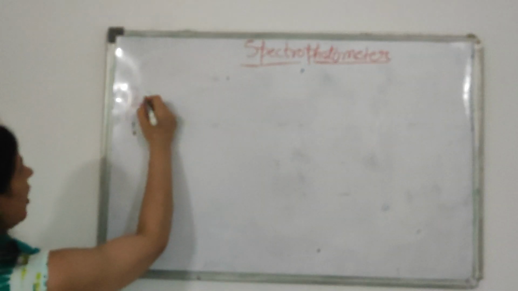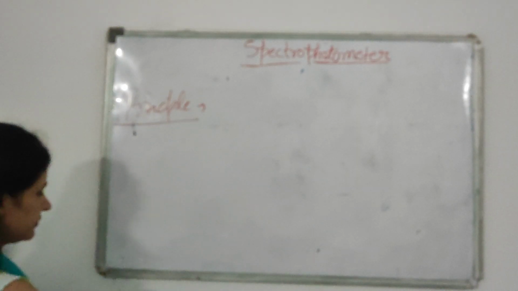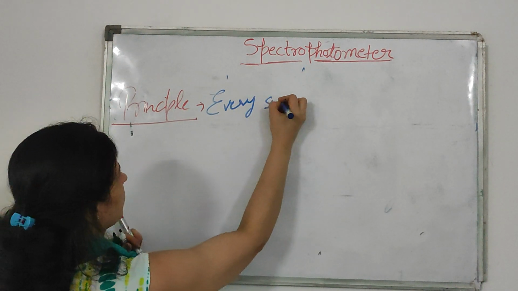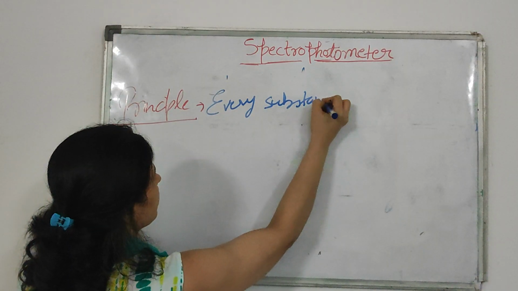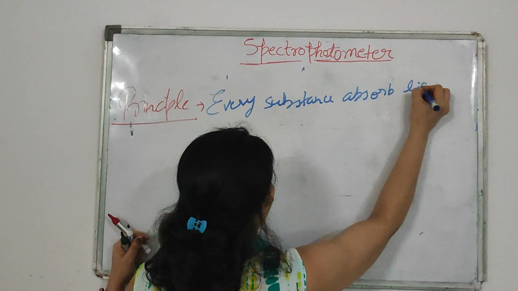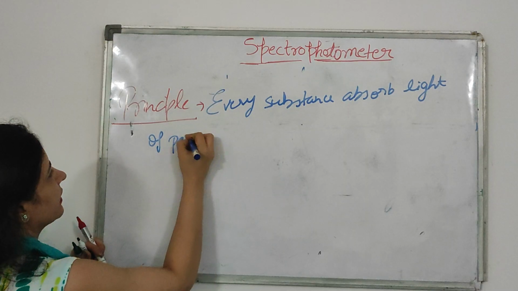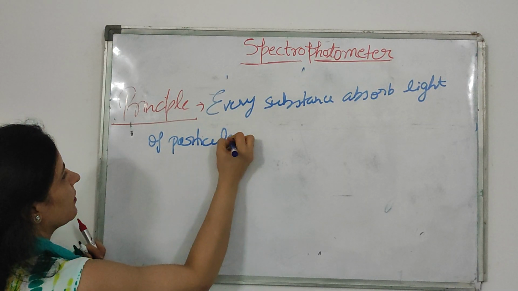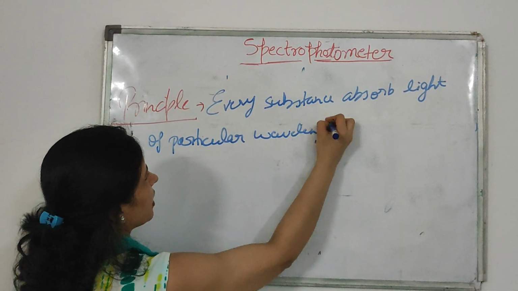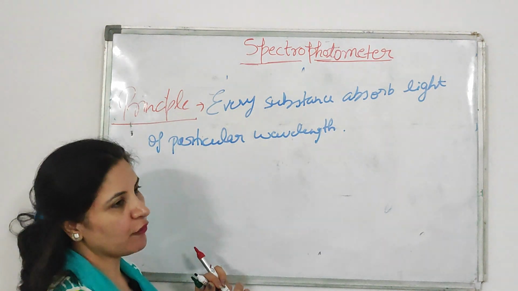So what is the principle and how will you write it? The principle is that you will write: every substance absorbs light of a particular wavelength. This is the property of every substance, that it can absorb light of a particular wavelength.